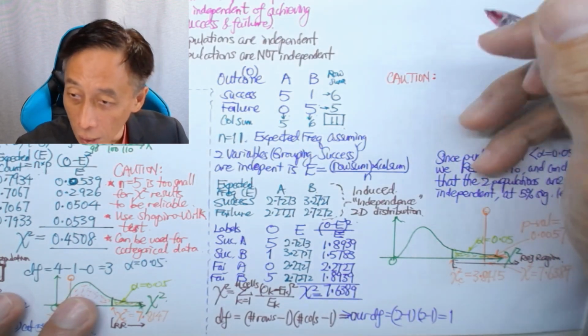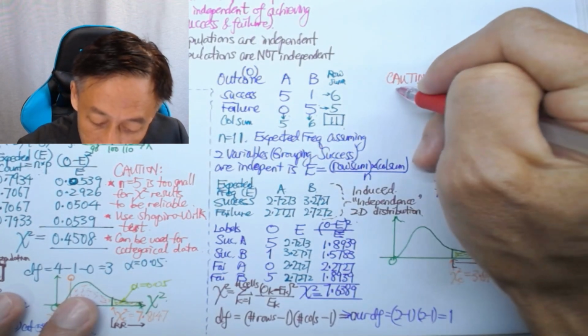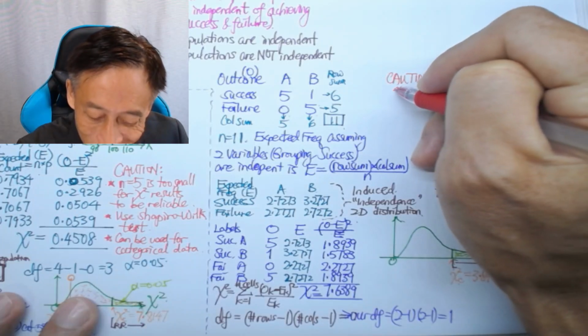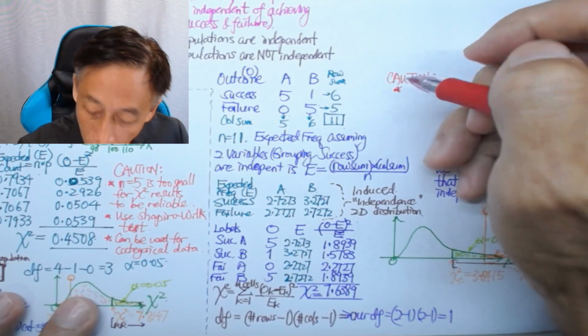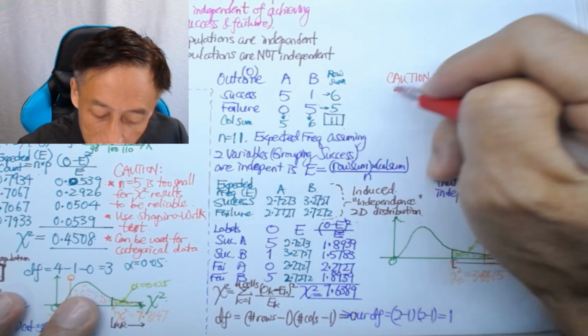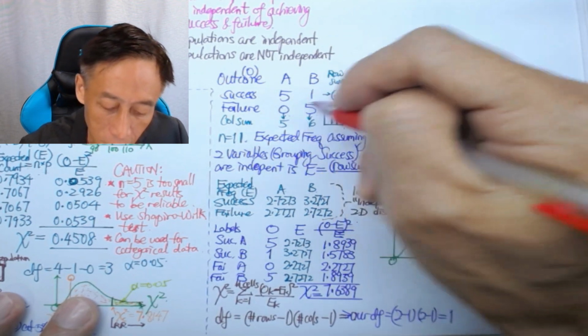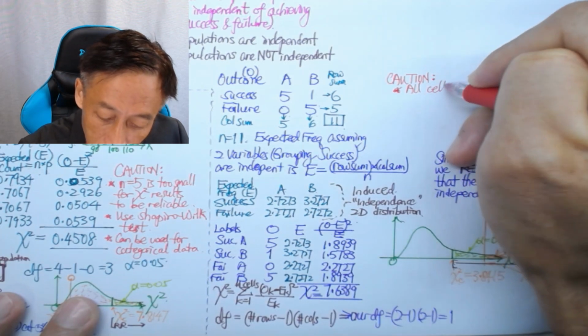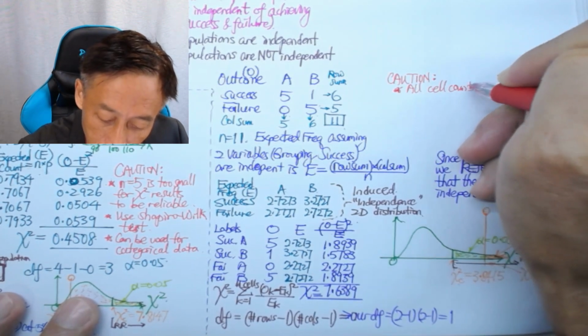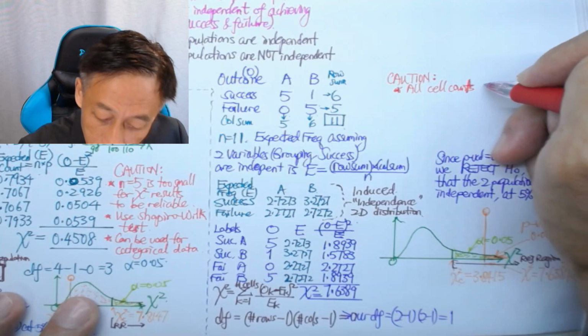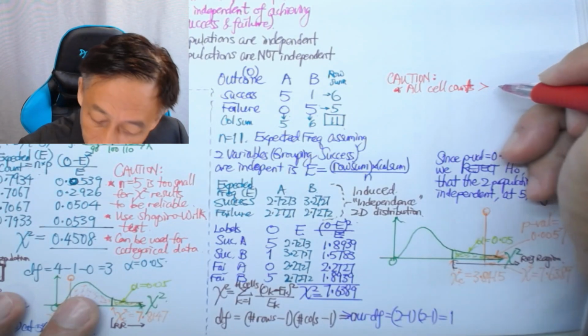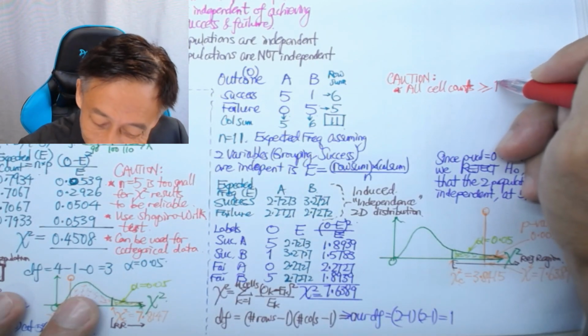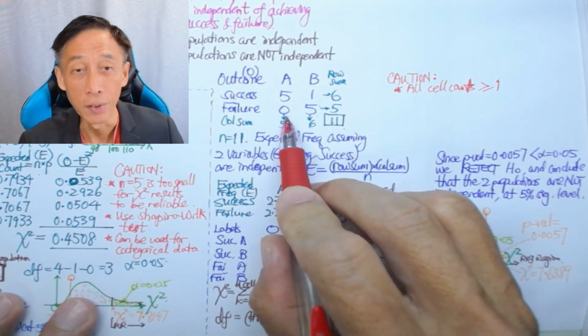the sample size should be large. That's always an important thing. So how large should the sample size be? It should make the cell counts greater than or equal to 1. So here we have a big problem.